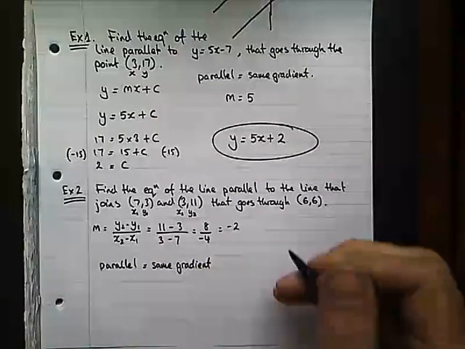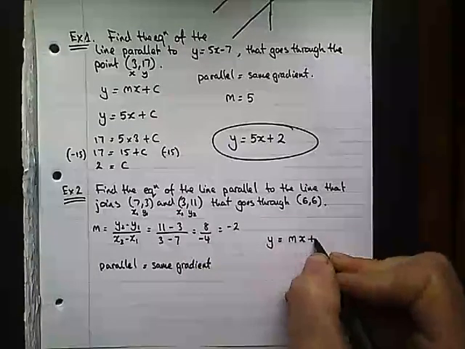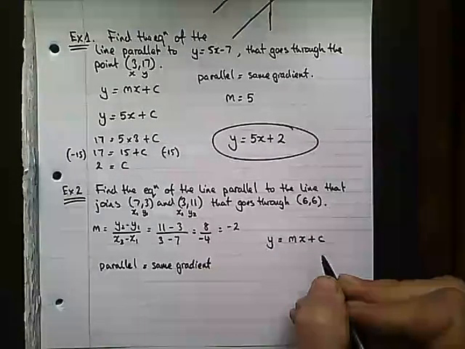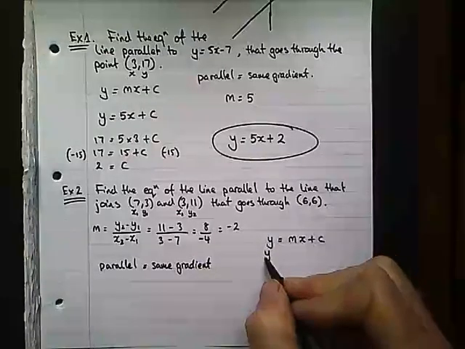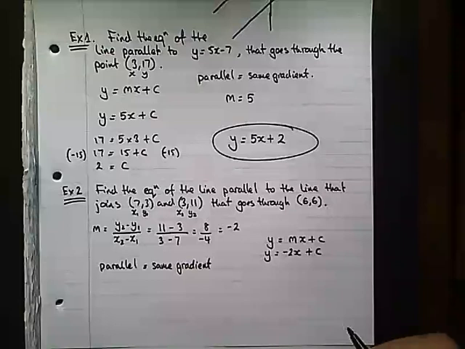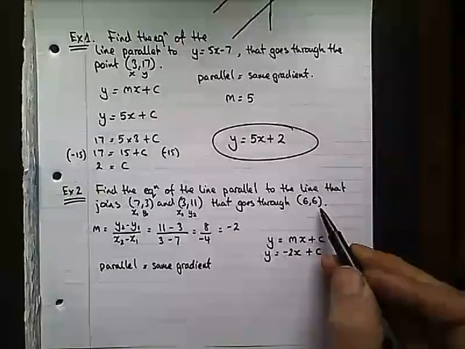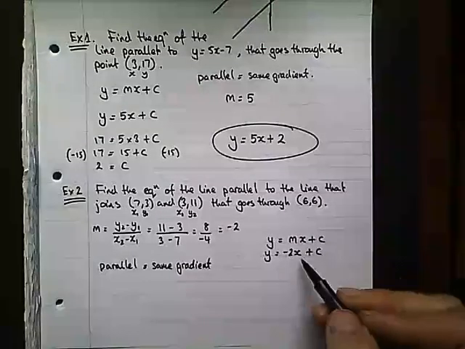So what we know is y equals mx plus c. We have the gradient, so y equals minus 2x plus c. And we have the coordinates at one point at which this line goes through. So I'll substitute those coordinates in.